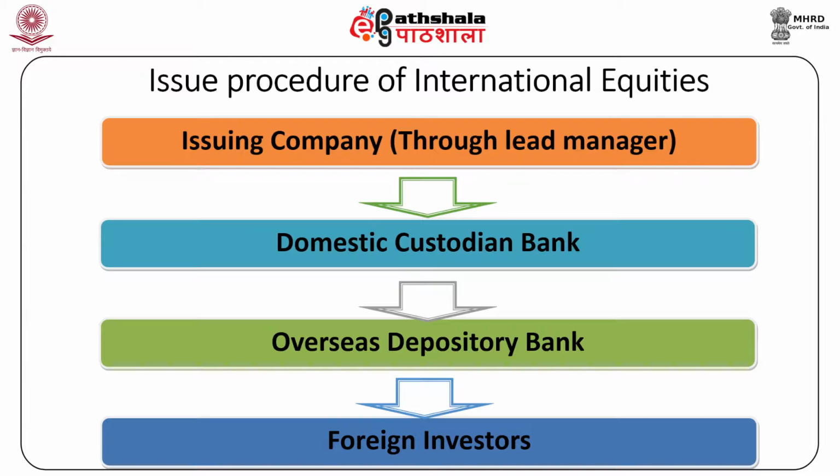Before the actual issue, the number of depository receipts issued against the number of underlying shares is decided. The market price of depository receipts is influenced by the potential of the earnings, fundamentals of the industry and macroeconomic fundamentals.